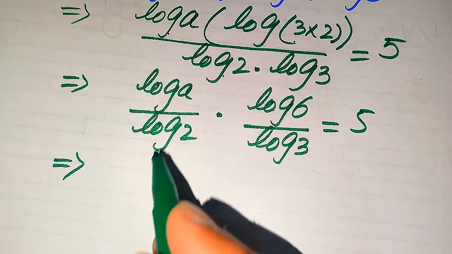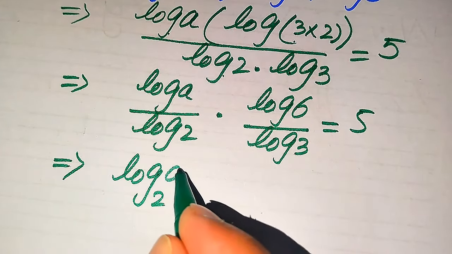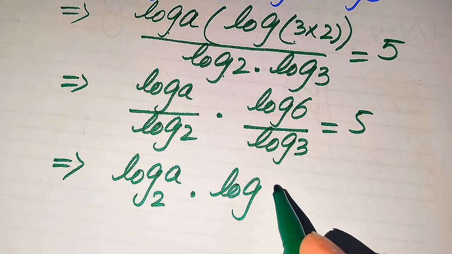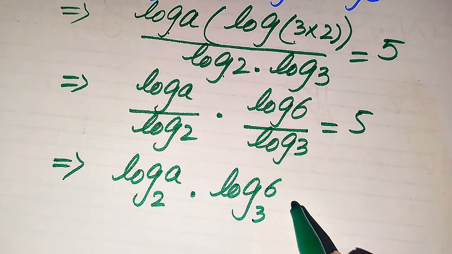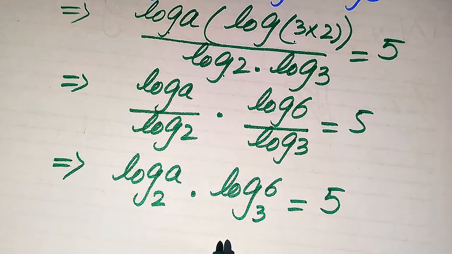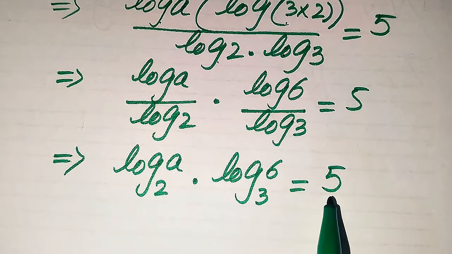According to this property, we again write both of these two terms in this form. When we combine these two logs, it will be written as log of a with base 2 multiplied by log of 6 with base 3 is equal to 5. Here log 6 with base 3 is multiplied on the left hand side, so when we move it to the right hand side, it is divided.